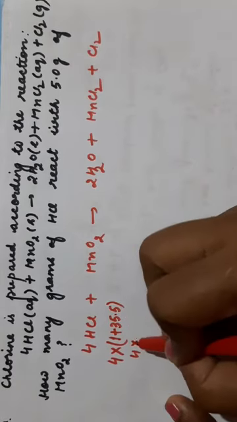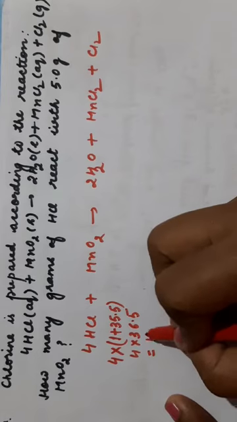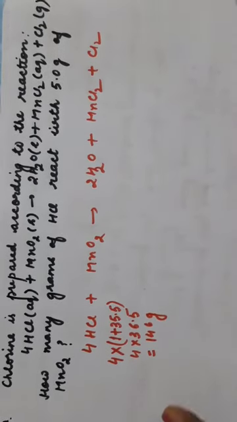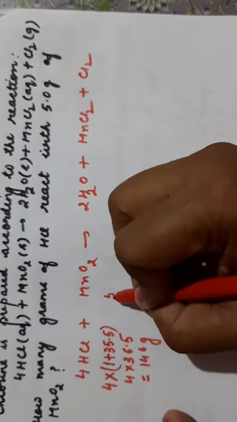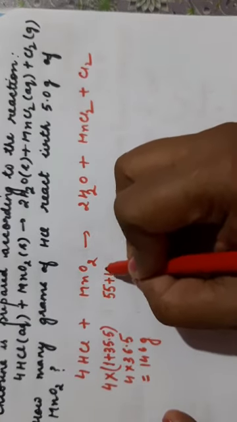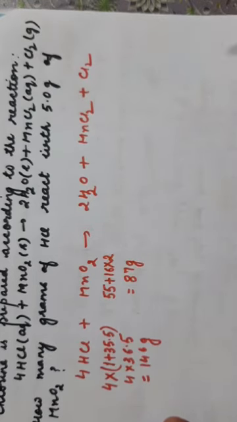So 4 into 36.5, it is equal to 146 gram. Clear? MnO2 atomic mass is 55, 55 plus 16 into 2, it is equal to 87 gram.